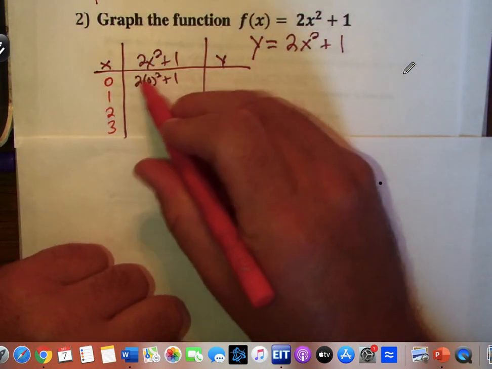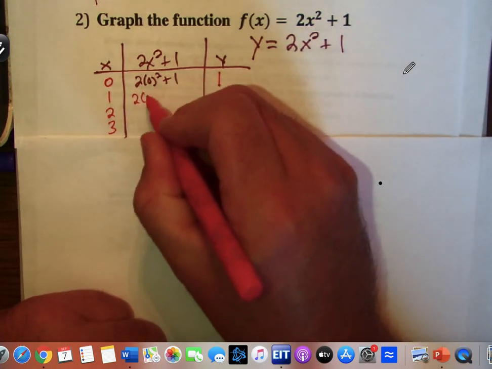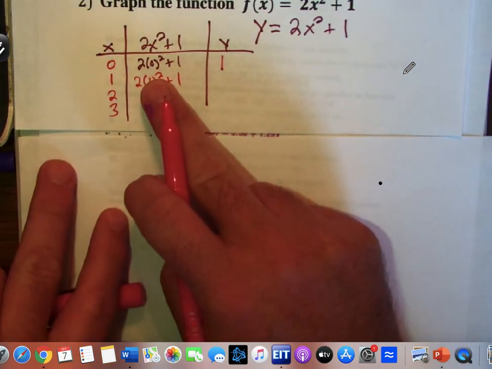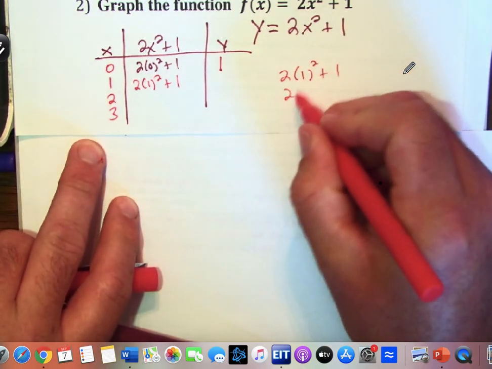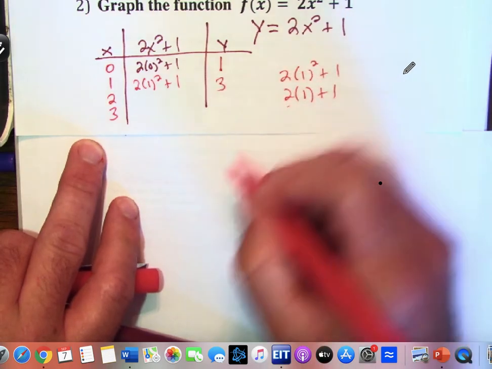So if we do 0 squared times 2 plus 1, you get 1. And this one, 1 squared is 1. 2 times 1 plus 1 is 3.